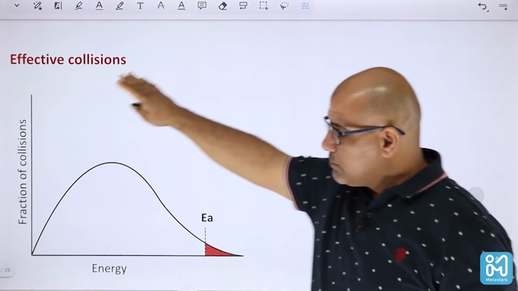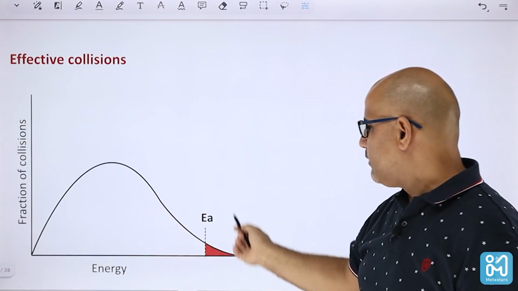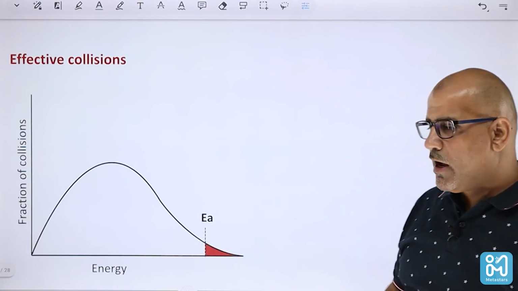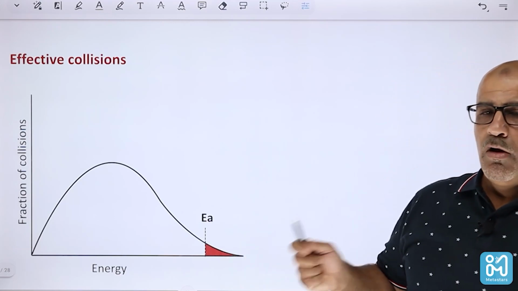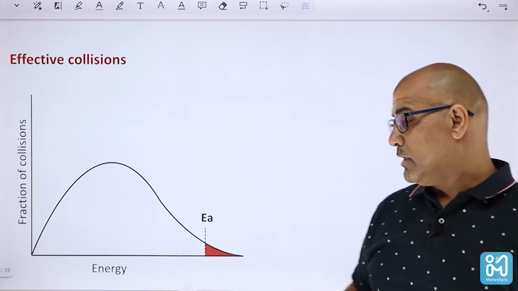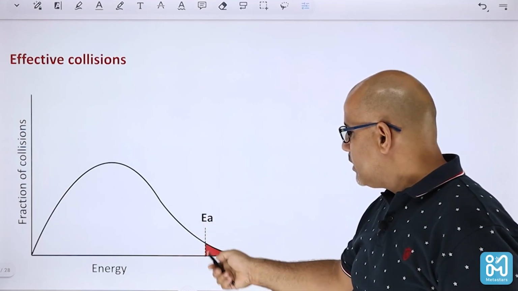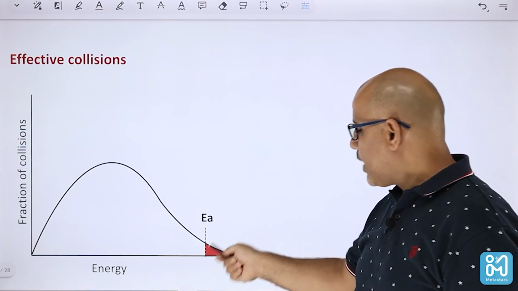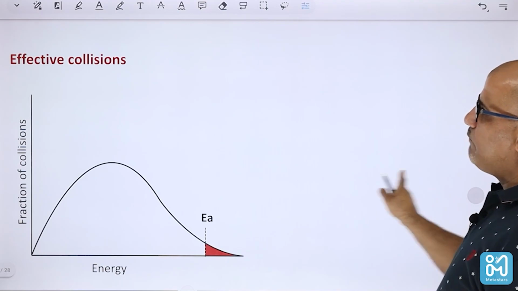This diagram shows that not all particles have enough energy to react. Only the shaded area represents the particles of successful collisions. The particles which have the activation energy or more react with each other. That's what is meant by effective collisions.